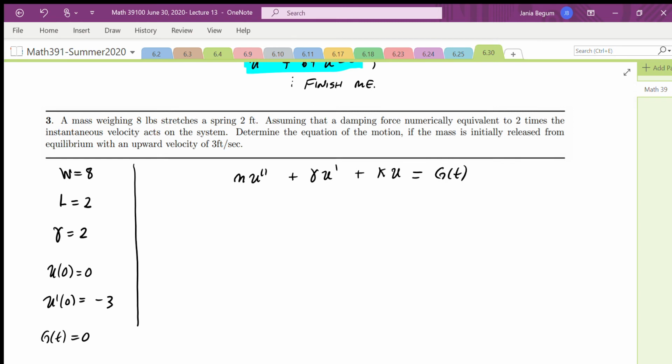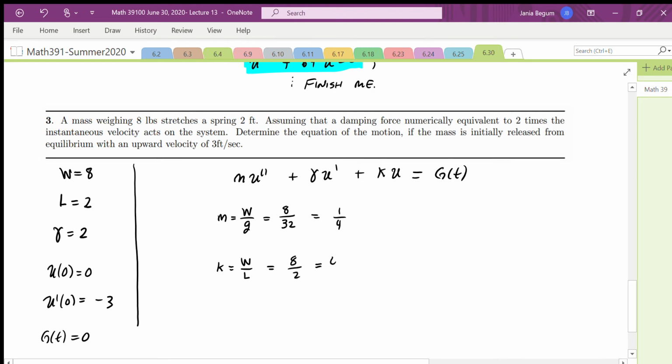Let's find m. m is the weight over g, and the weight is 8. g is 32 in this problem because we're using feet per second squared. So that would be 1/4. Gamma we're given, that's 2, so we don't have to solve it. K we need to solve: W over the stretch L, that's 8 over 2.